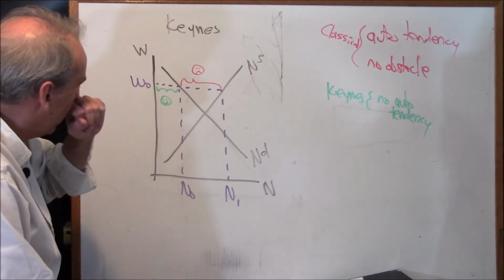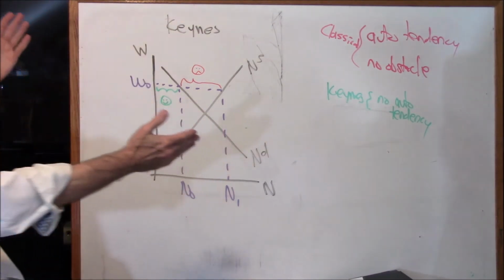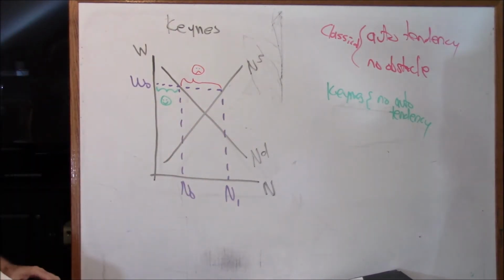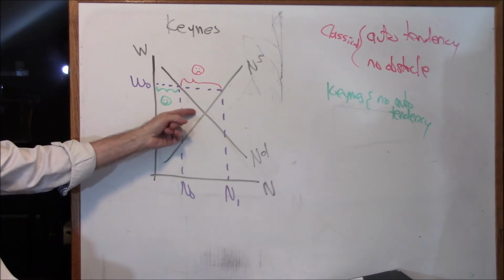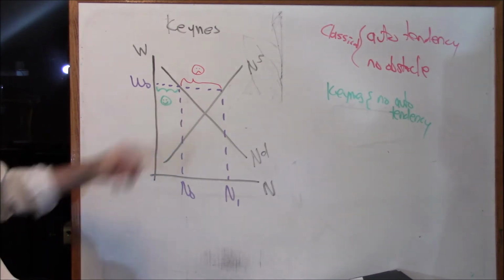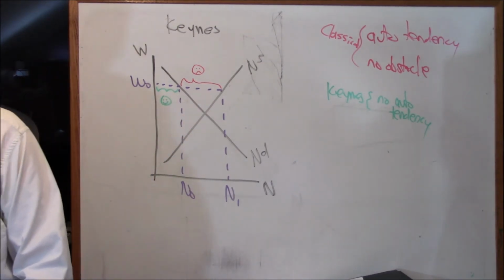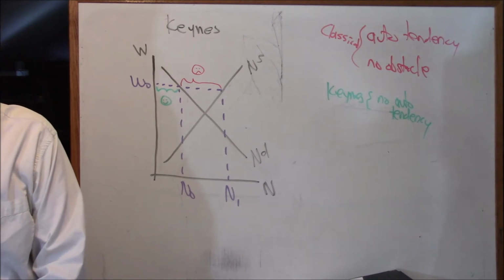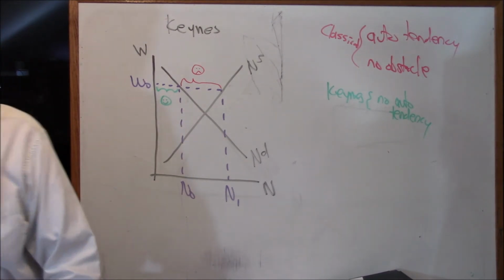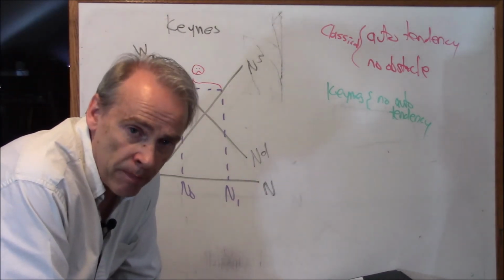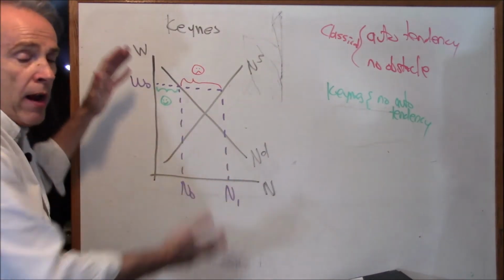Let's see, anything else about that? So he said it could stay here. It gets stuck here. There's no reason to expect it to move. We're already in equilibrium. Just because it's the intersection doesn't make it the equilibrium. Now, normally when we set analyses up, we try to make the intersection the equilibrium. But Keynes didn't make up this graph.